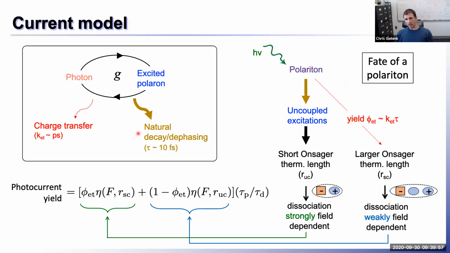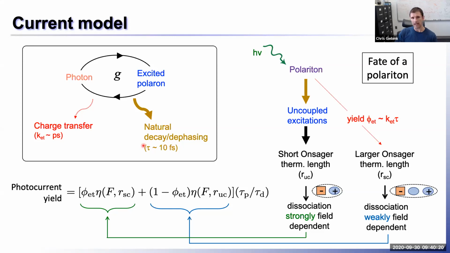And so our model is: we've got our photon coupled to our excited polaron, with coupling strength G. Most of these things decay just with natural decay and dephasing, so the leakage of the cavity photon out, as well as dephasing of the material excitation.